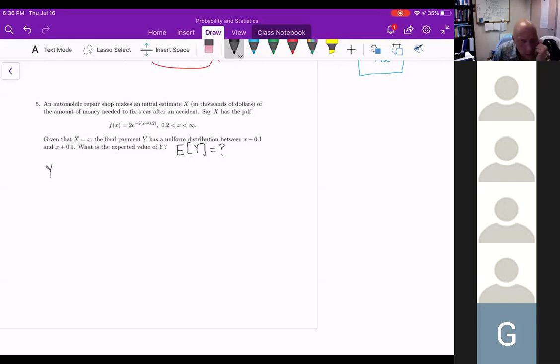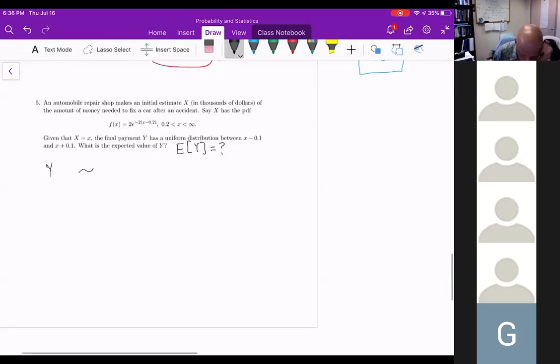It's related to y, but it's not just y. What's missing? Y given x. Yes, because it says, given that x has some value, y has the uniform distribution. So this is y conditioned on x. That's the first challenge, to set up what's given.